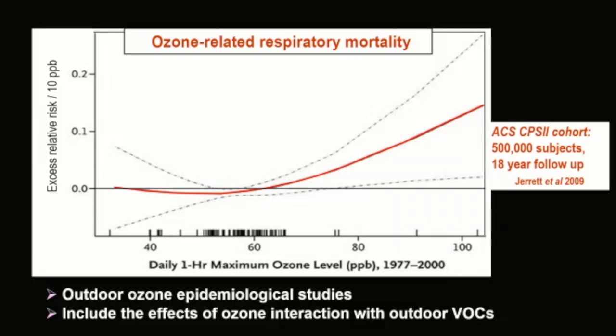And this is probably the best data we have in terms of the dose response relationship between excess relative risk for respiratory mortality and ozone concentrations. So when we're talking about single digit ppbs, we're on the left of this graph, or outside this graph. At higher levels, it's clear that ozone is a risk. But when you get down to these levels, there's no evidence at all that there's a risk associated.